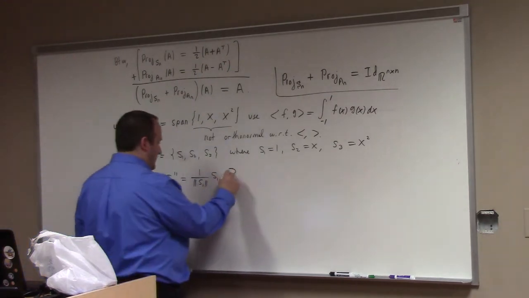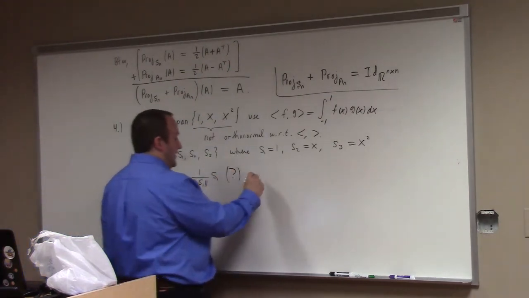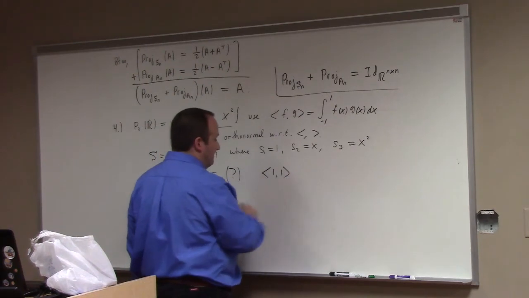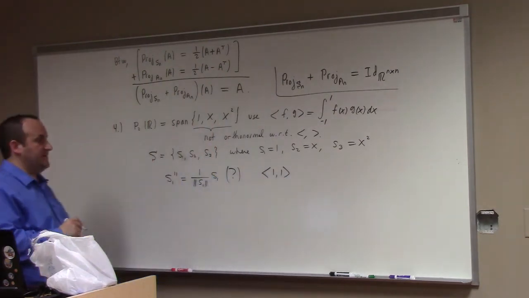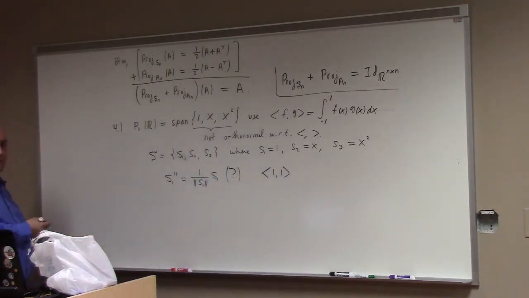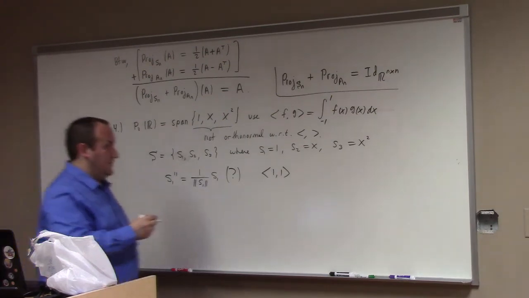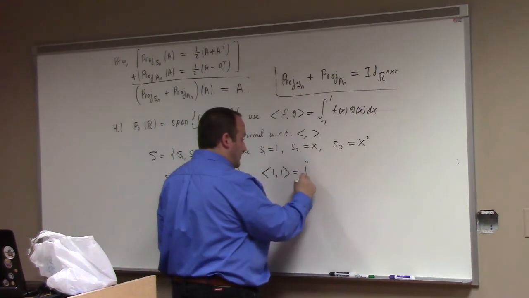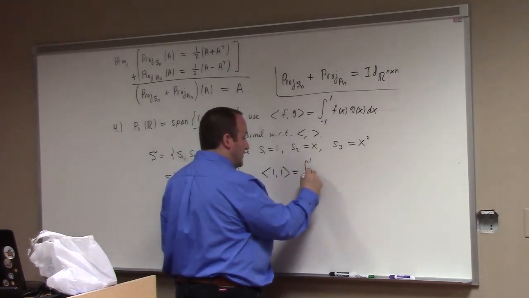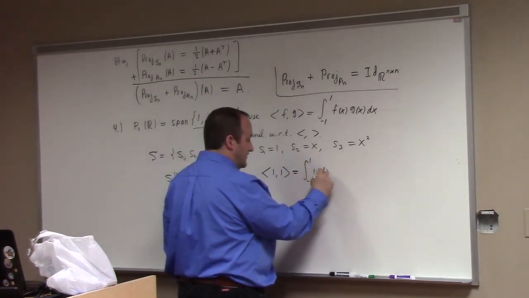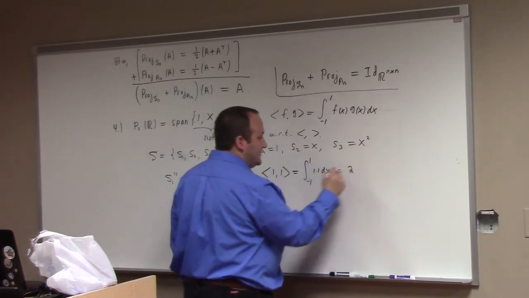So what is this? We need to calculate the inner product of 1 and 1, right? Because the inner product of 1 and 1 is the length of 1 squared with respect to this notion of inner product. Well, that means I have to integrate from -1 to 1 of 1 times 1 dx, also known as 2, right?